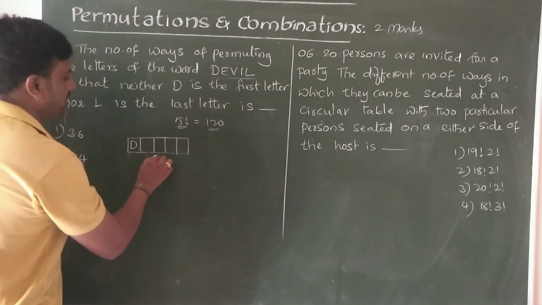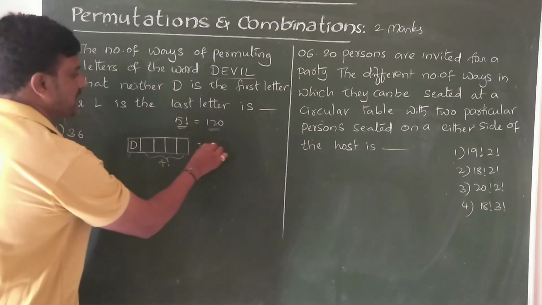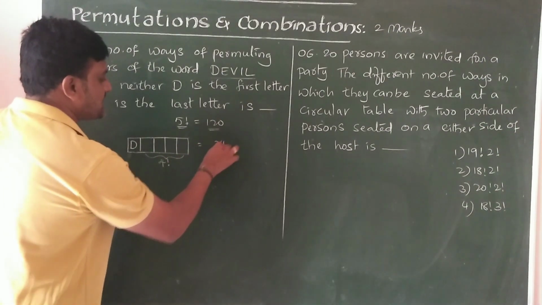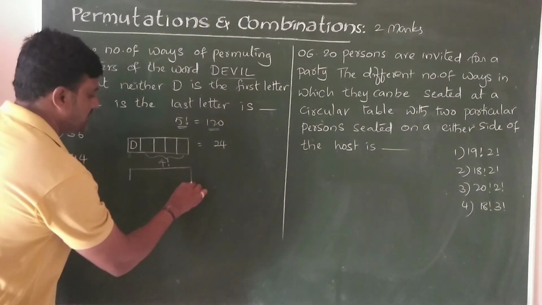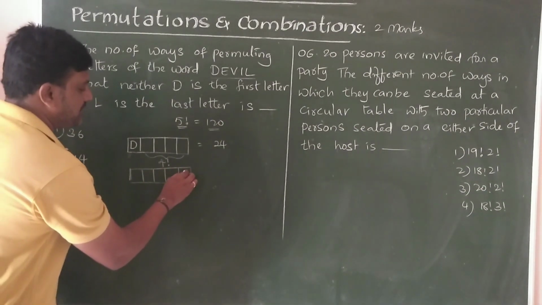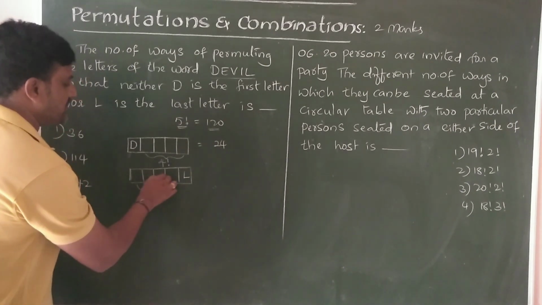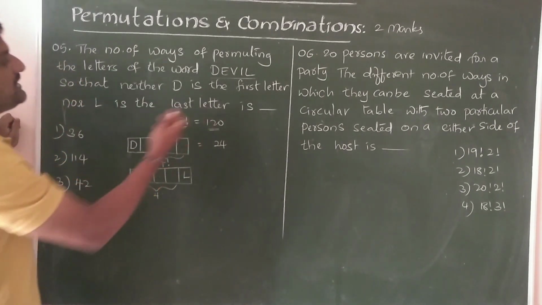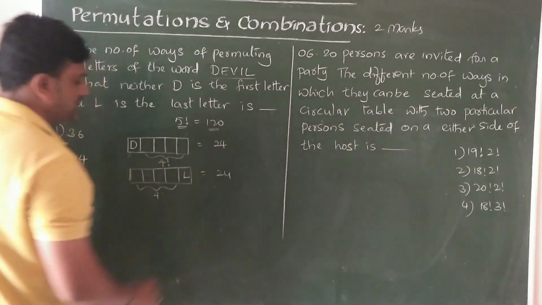Now the remaining 4 blanks can be arranged in how many ways? 4 factorial ways. Okay. Now 24 words begin with D. Similarly, 24 words end with L. Yes or no? 4 blanks can be filled by the remaining 4 letters. So these are 24.